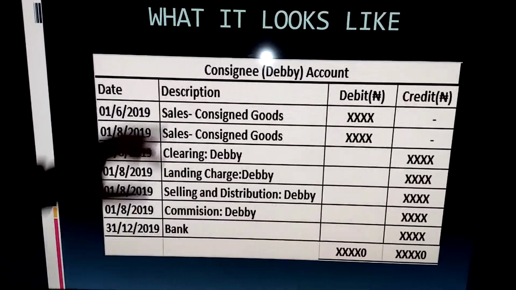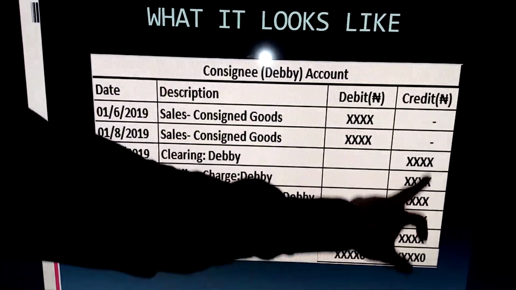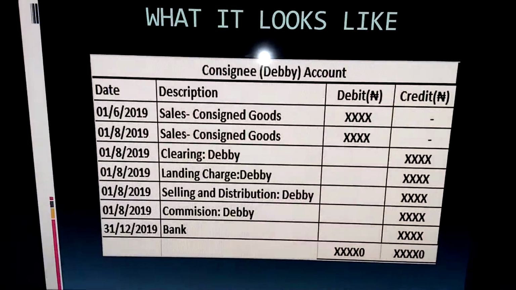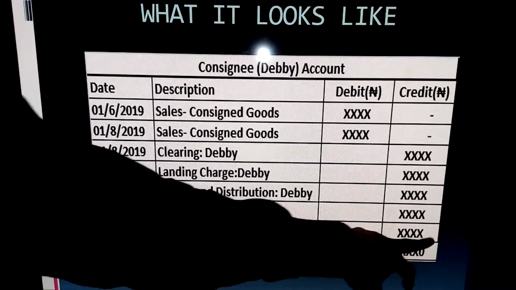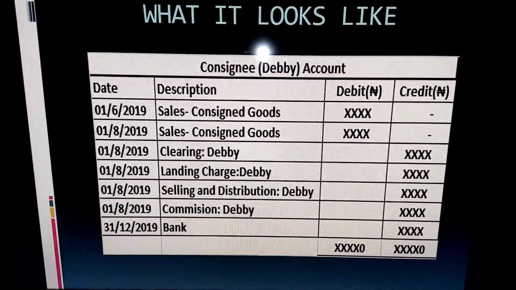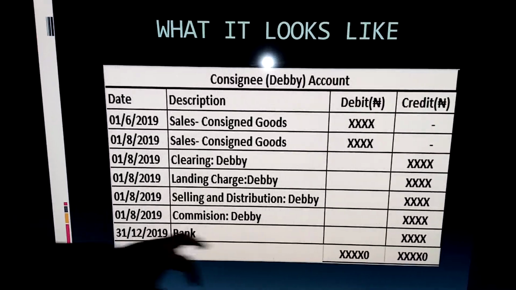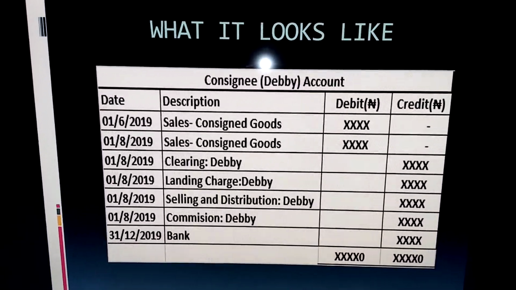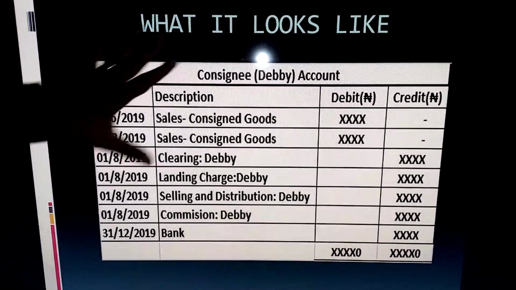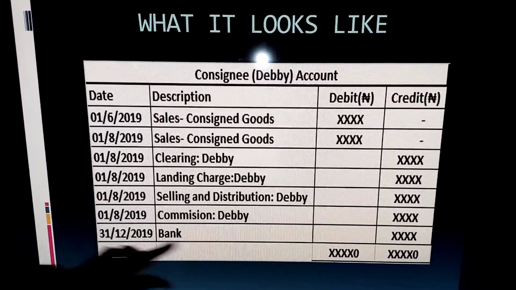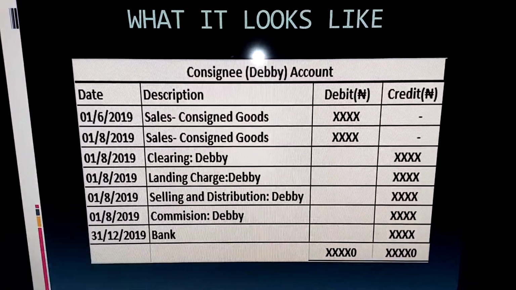So by the time you remove all the expenses she incurred from the sales made, she's expected to pay this into the bank, or send a draft, what they call a bank draft, to the consignor.